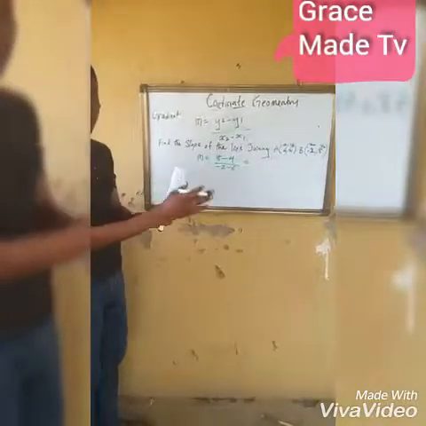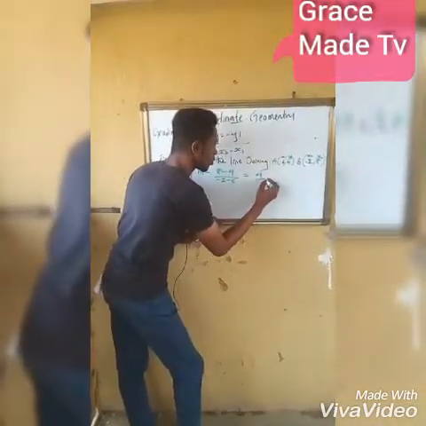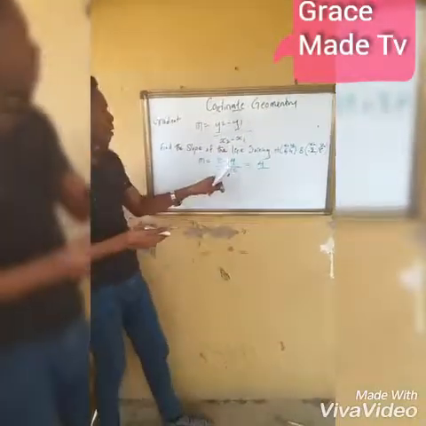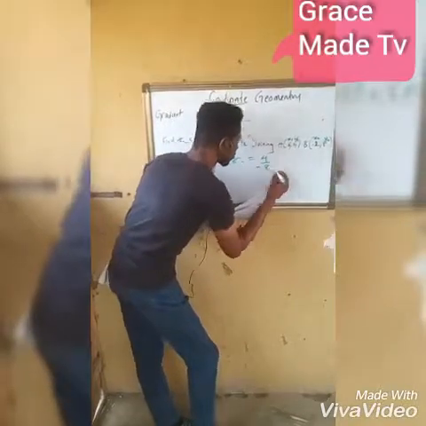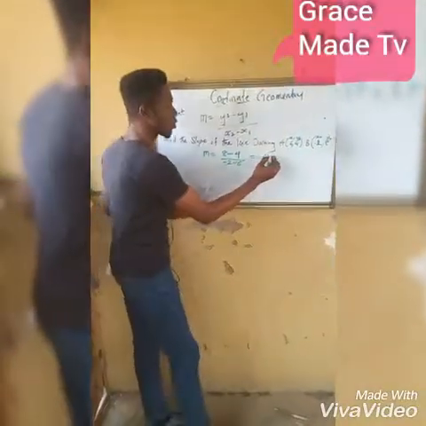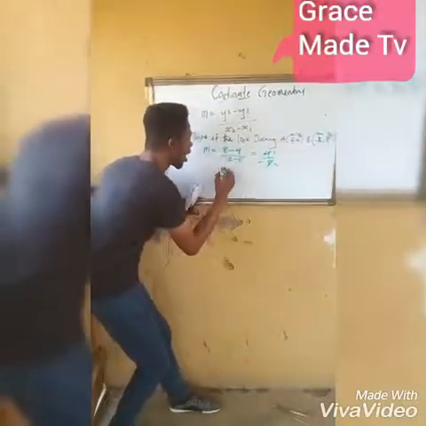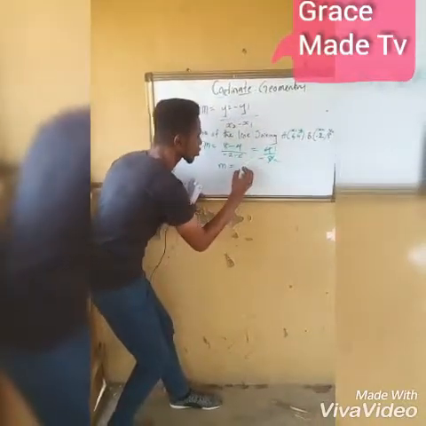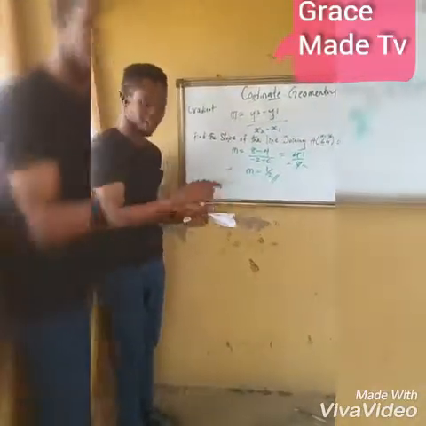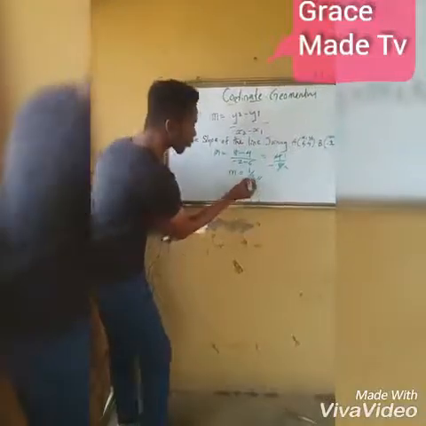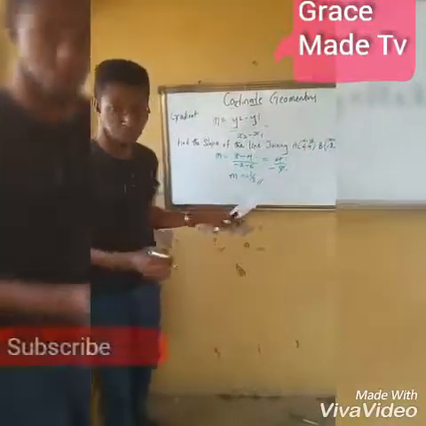Now, subtracting them, 8 minus 4 gives us 4, and minus 2 minus 6 gives us minus 8. Now we can divide further: 4 divided by 4 is 1, and 8 divided by 4 is 2. So this is your gradient: m equals minus 1 over 2.